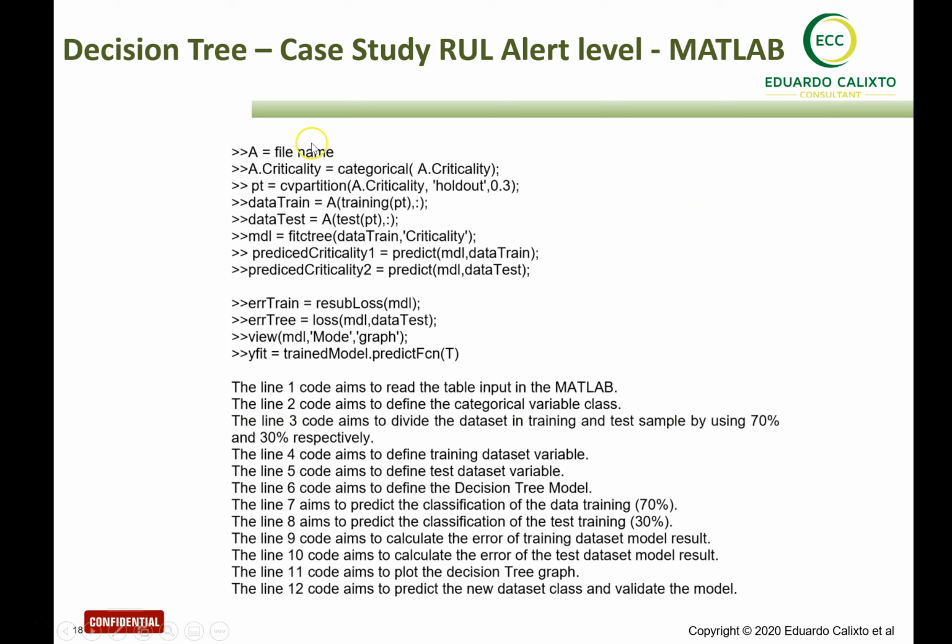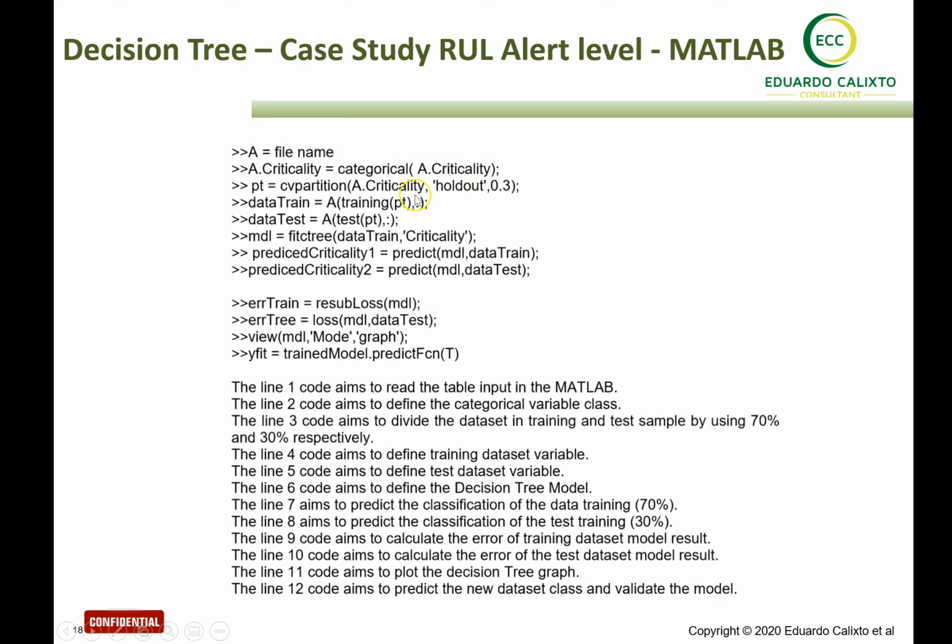We import the file, we create a matrix to read this file, then we define the categorical class in our matrix. This categorical class, the class that we define for different alarms and alerts, is critical, moderate, indifferent. It is called criticality.